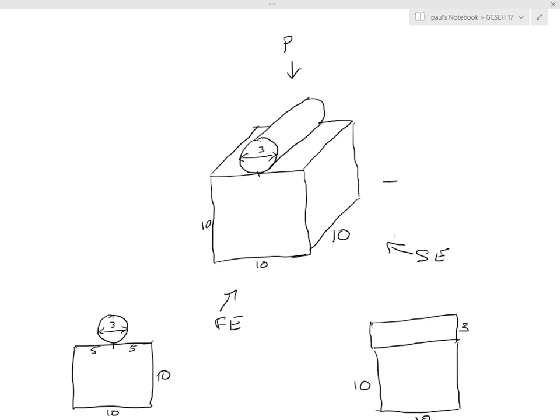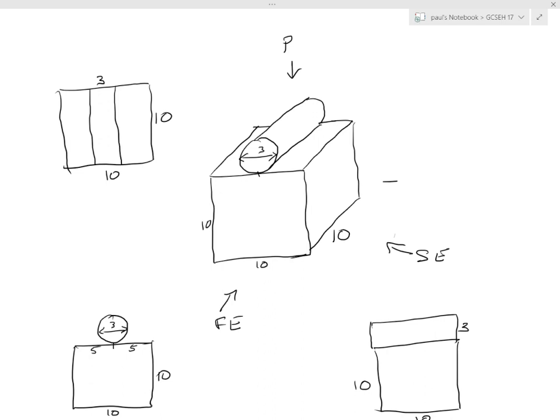And the plan, we would see the top of the box like that, which we know is 10 by 10. And in the middle we would see our cylinder there. Now the cylinder is 3 wide, so that would be 3.